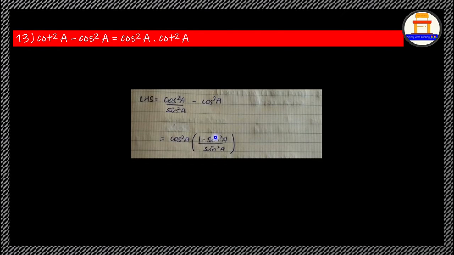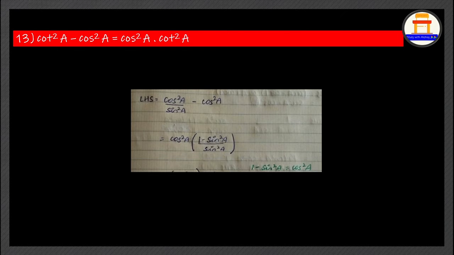Then let me first take the LCM. It will become cos square A minus cos square A sine square A divided by sine square A. So cos square A can be taken as common: 1 minus sine square A divided by sine square A. What is 1 minus sine square A?